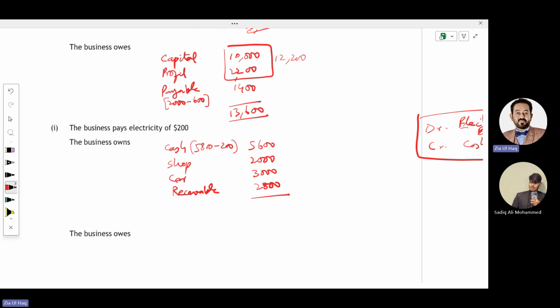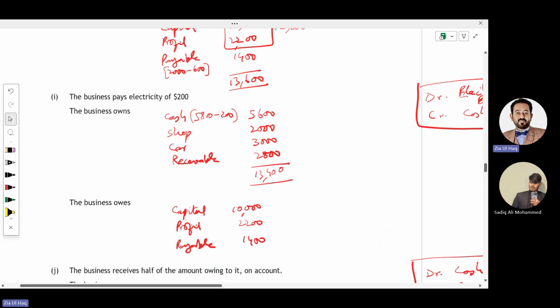How much business owns? 13,400. How much business owes: capital of 10,000, profit of 2,200, and payables of 1,400, and they will become 13,600. But we need to match with 13,400.